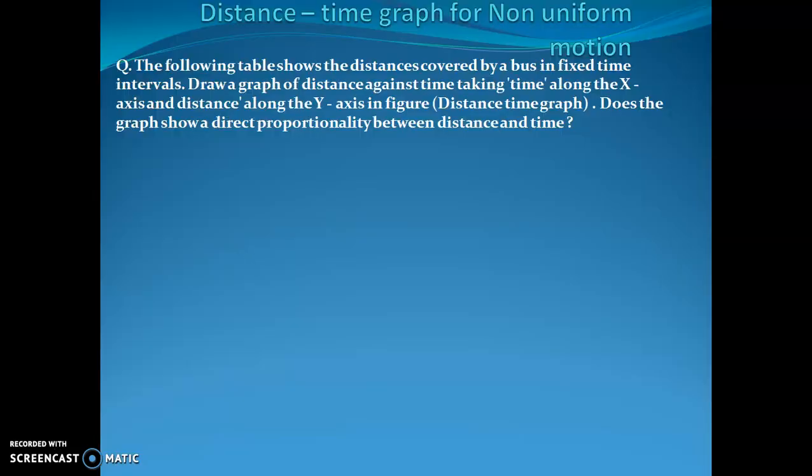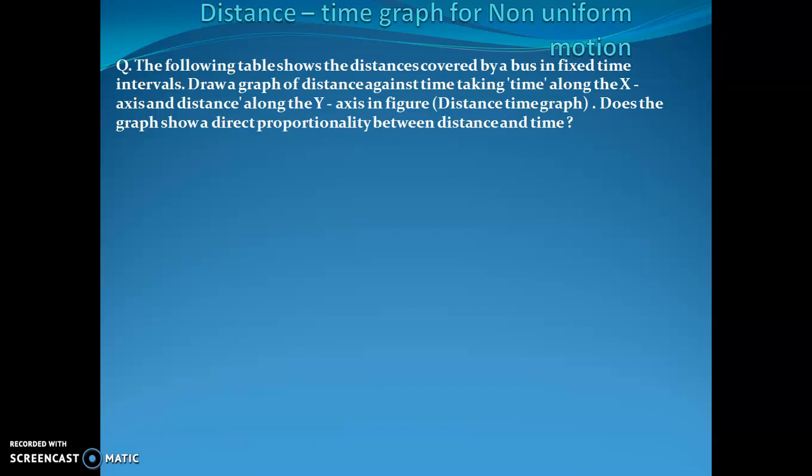Next, we go to the distance-time graph for non-uniform motion. The question is, the following table shows the distance covered by a bus in equal time intervals. Draw a graph of distance against time, taking the time along the x-axis and distance along the y-axis.